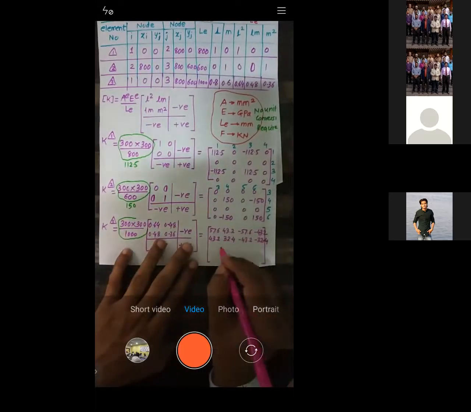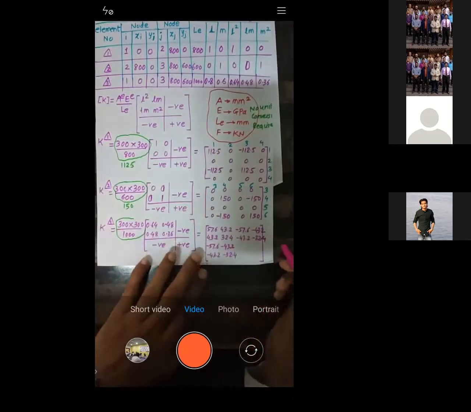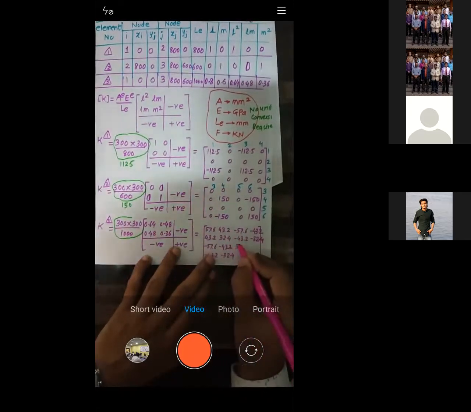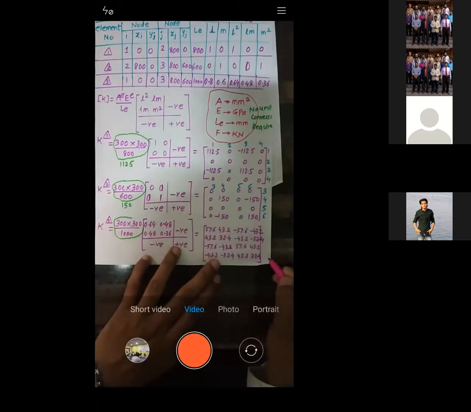Similarly, here minus 57.6, minus 43.2, minus 43.2, minus 32.4. Next, again same: 57.6, 43.2, 43.2, 32.4, 32.4.